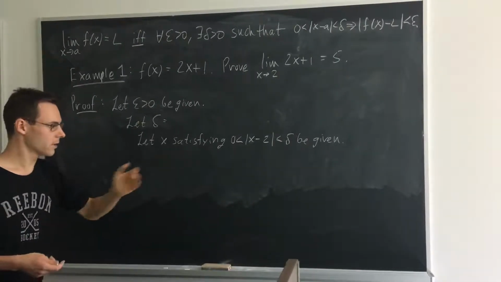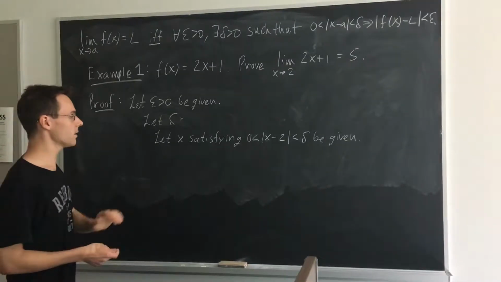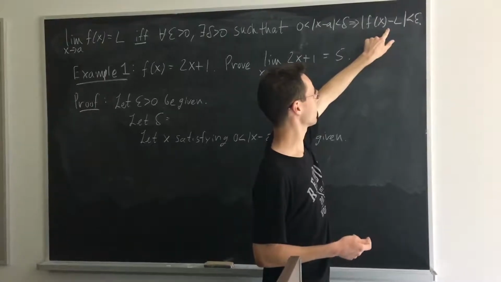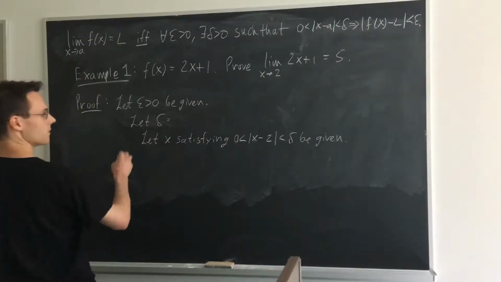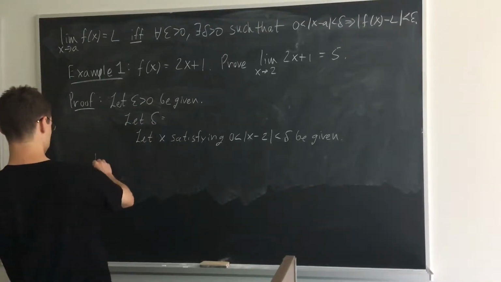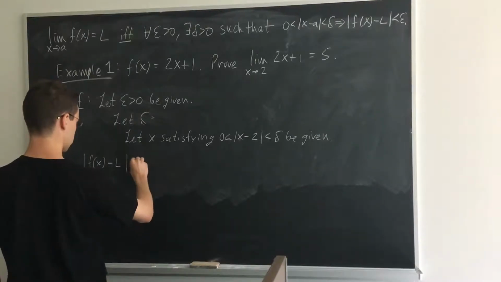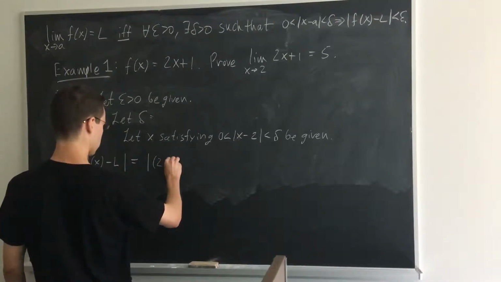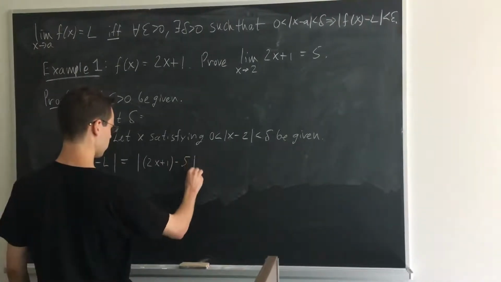Now the actual proof will begin, and hopefully we'll get it all in one line. Okay? We'll start with this statement now, and we're going to make that less than epsilon for our function. Okay? So f of x minus L, in our case, is going to be the function, so 2x plus 1, that's the function, minus the limit 5, okay?